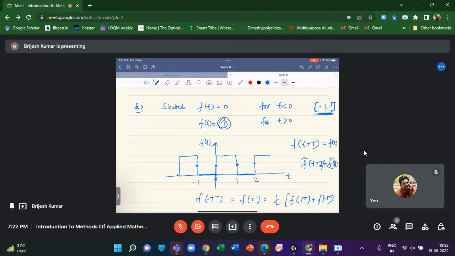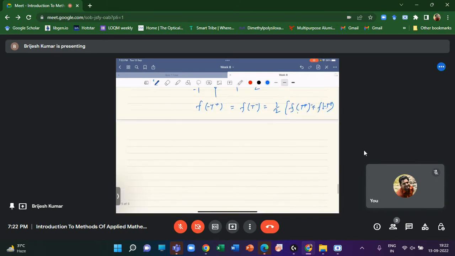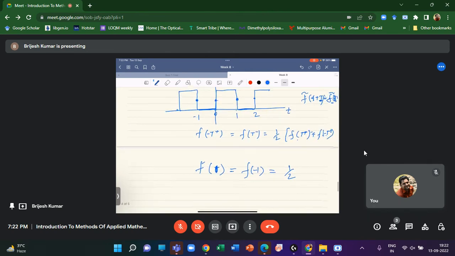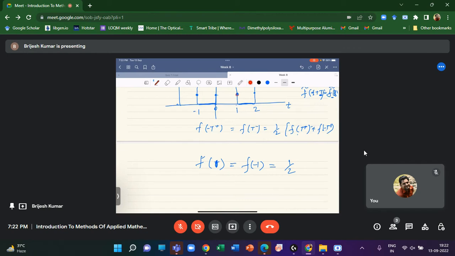And minus t plus, so our minus 1, going slightly above minus 1 this will be 0. So here will be 1. So f of 1 and f of minus 1 will be 1 by 2. That's why we show these points.